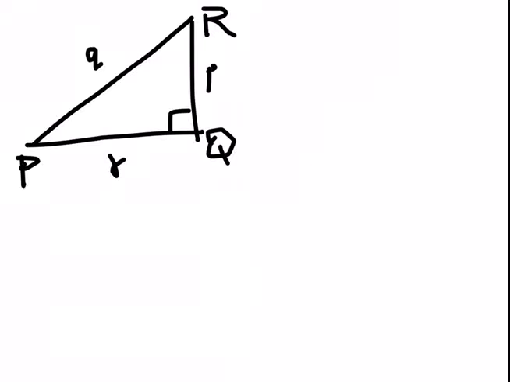Okay, for example, I would say state the following in terms of P, Q, and R. But also, after I've given you that being the angle and I've given you that being the angle.